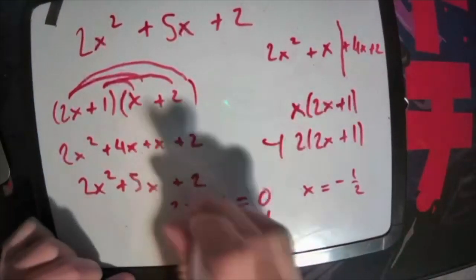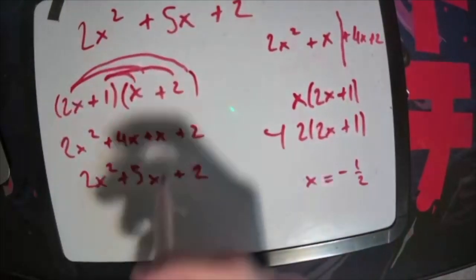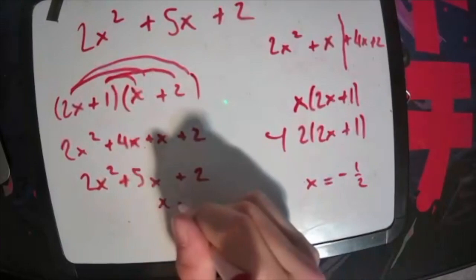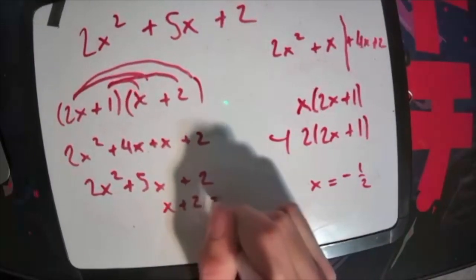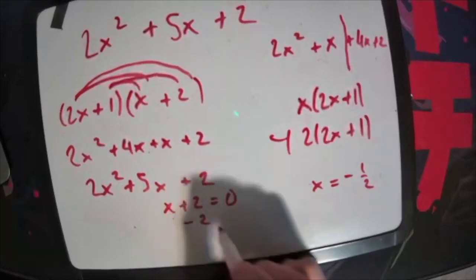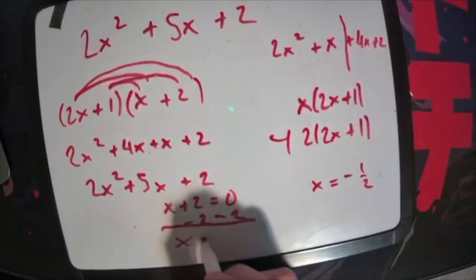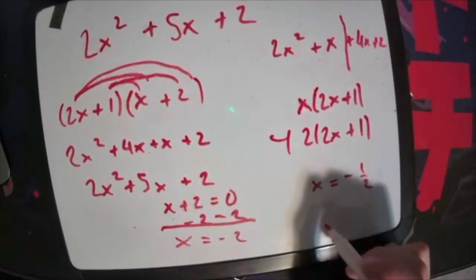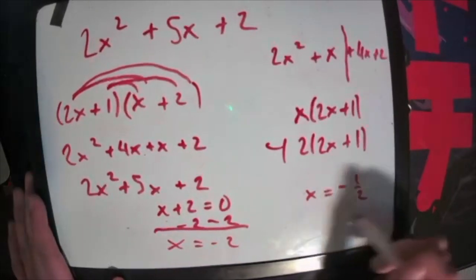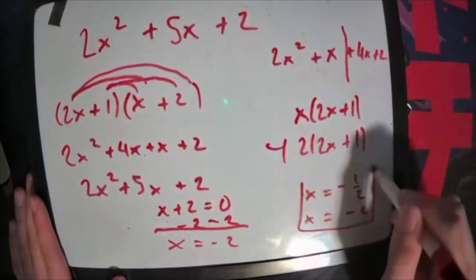I'm not going to erase that, but I will erase this so I have space to do the other one. We set x plus 2 equal to 0, and subtract 2 on both sides. x equals negative 2. So our final answers are x equals negative half and x equals negative 2.